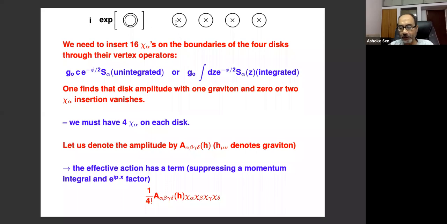That makes this 0. If you don't put anything, then the index contraction tells you that you either get something proportional to the trace of the polarization tensor or the momentum contracted with the polarization tensor, and both of those are 0. So it's just mundane observations like this which make this 0, but maybe there is also an index theorem which tells you that you need precisely 4 per disk.